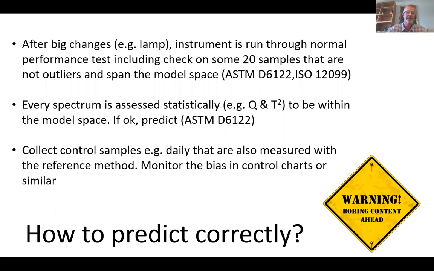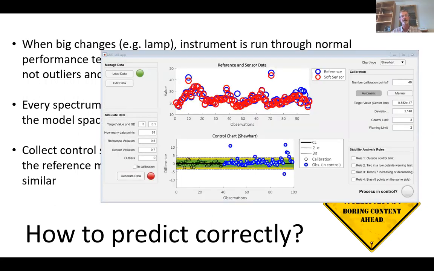Or you may measure samples and determine that suddenly samples that were normal are now seeming like outliers, things like that. So there are different ways that you can monitor, but you typically end up with some kind of statistics, like Q statistics or Hotelling's T-squared, or it could be the bias in your predictions. And then you run that in some kind of control chart to make sure that things are going fine. And if not, then you have to do some kind of correction.